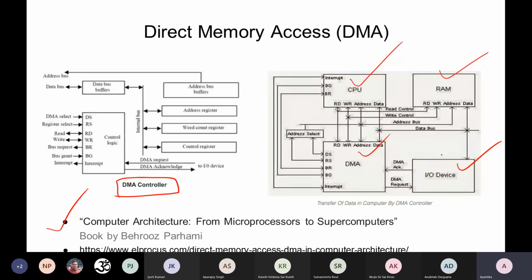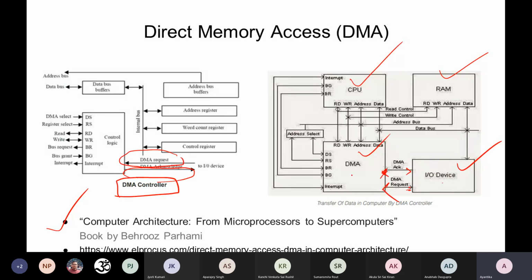Okay. So you can see here, there is some DMA request coming from IO device, and there is some acknowledgement. This will be this direction and this will be this direction. Okay. So IO device will send that DMA request. Okay. And there will be some DMA acknowledgement.